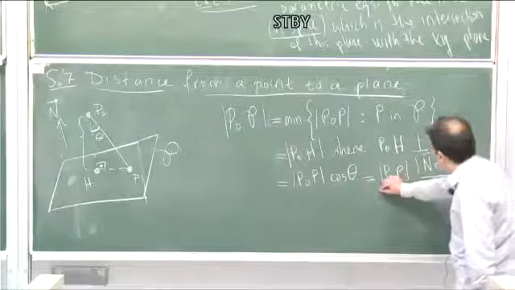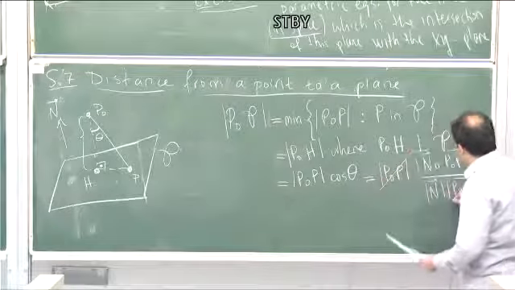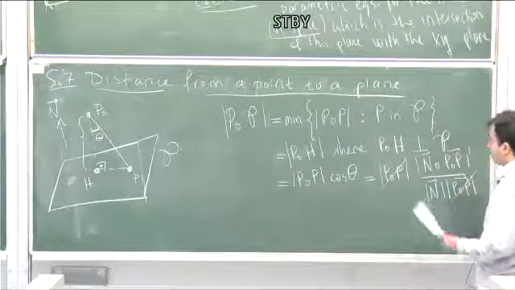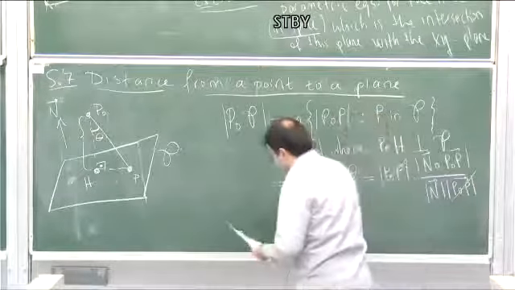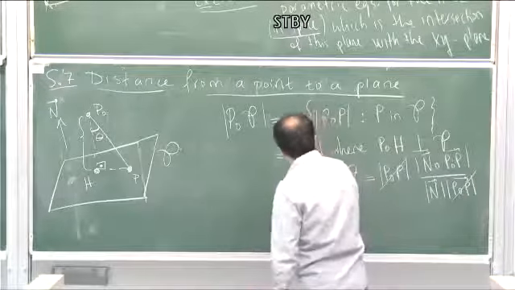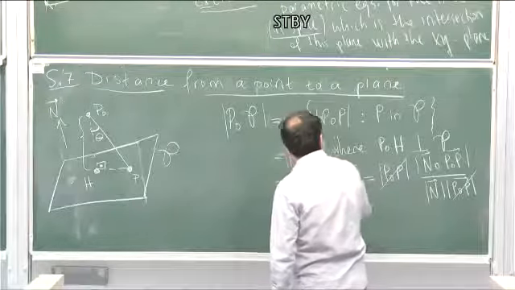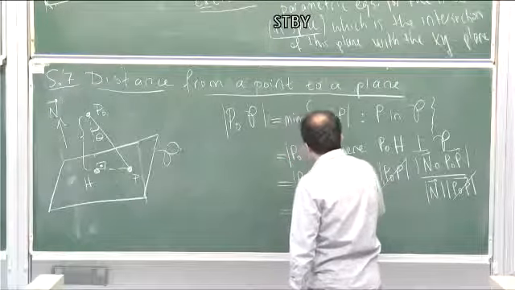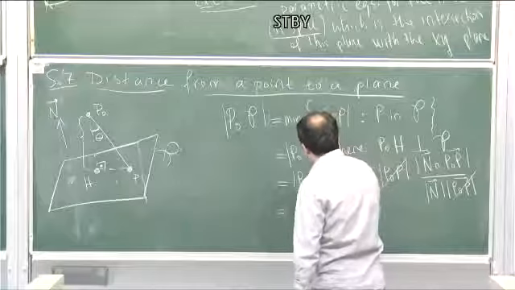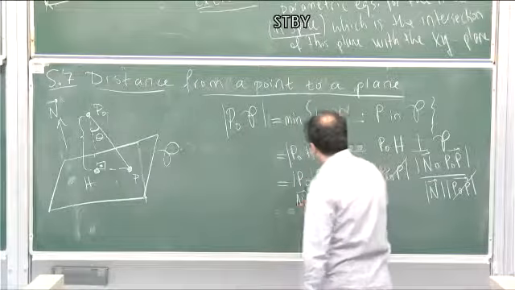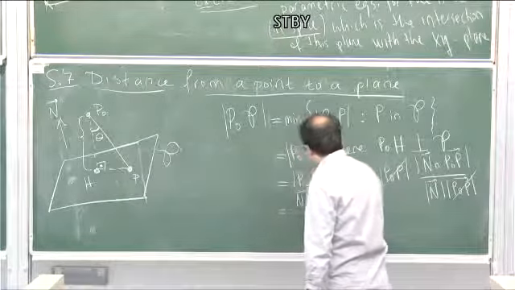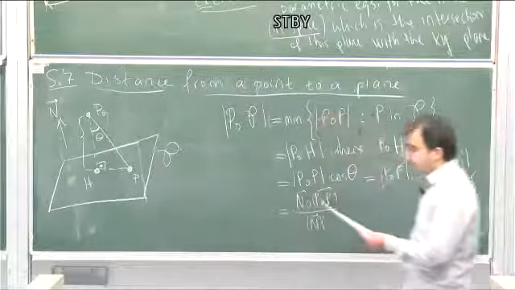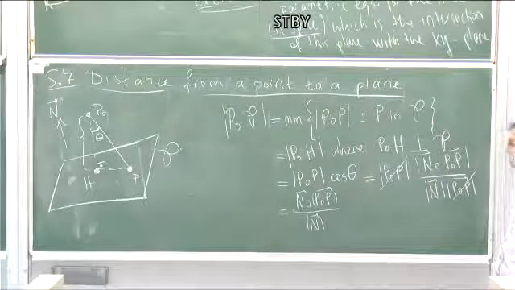This P0P and this P0P will cancel out. So what will be left is n dot P0P, where P0P is a vector, this is a dot product, divided by the length of n.